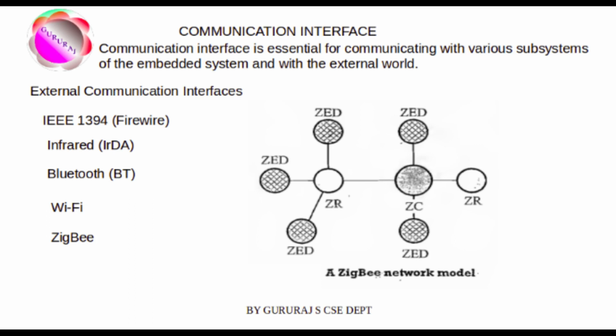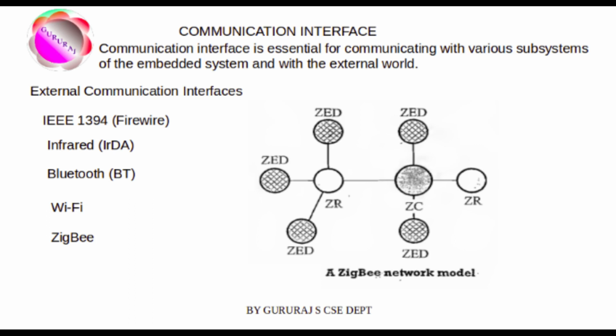Next is the Zigbee router, a full function device, responsible for passing information from one device to another device or another Zigbee router. Zigbee end device, a reduced function device, contains Zigbee functionality for data communication. It can talk only with a Zigbee router or Zigbee coordinator and does not have the capability to act as a mediator for transmitting data from one device to another.